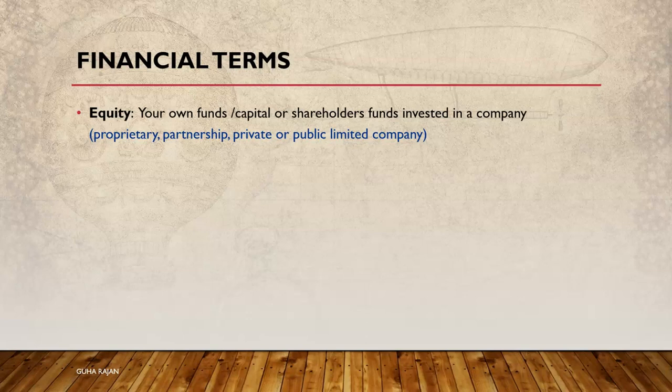So your own funds, or the capital, is called the equity. In the case of a public limited company, it is called the shareholders fund. So it is termed as equity.